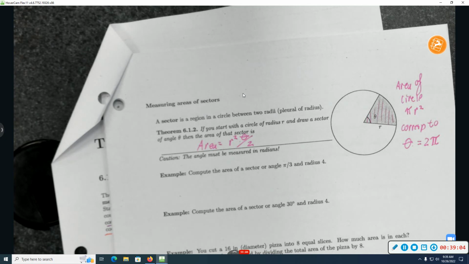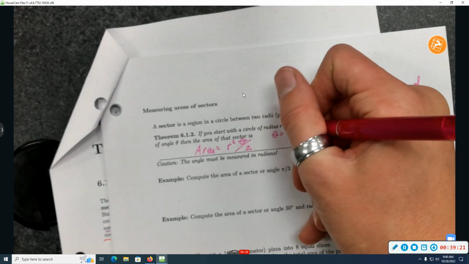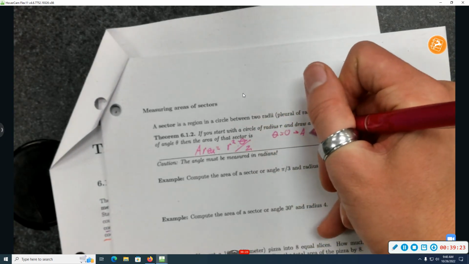What if you rotate by an angle of 0 radians? How big should that area be? Nothing. You start with a line and you draw the exact same line. There's no area between them. So theta equals 0 should give an area of 0.